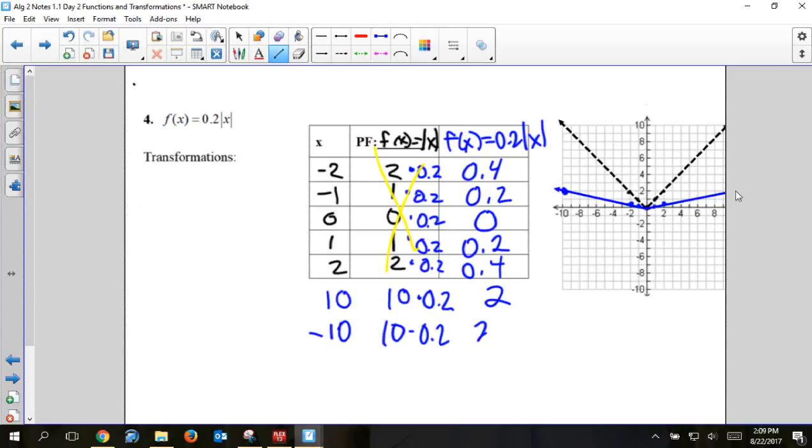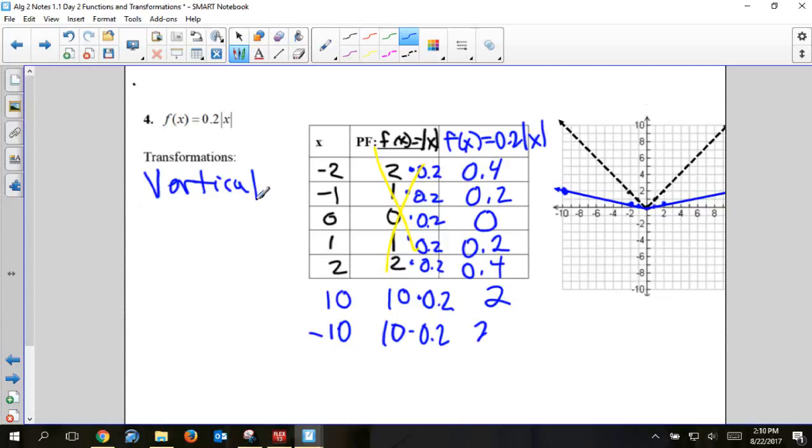Now to write down what our transformation is. We're multiplying, so it's going to be some sort of vertical stretch or shrink. Which one is this one going to be? Natalie, do you know?